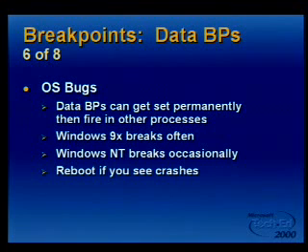So data breakpoints can get set permanently, then fire in other processes. That is more common on Win9X platforms than on NT. If you see that other apps are crashing after you've set some data breakpoints, especially in Win9X, then unfortunately it's time to reboot. The OS isn't allowing us to reclaim the data registers the way it should.